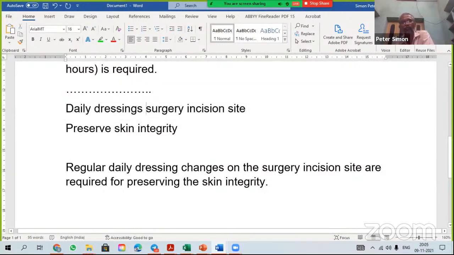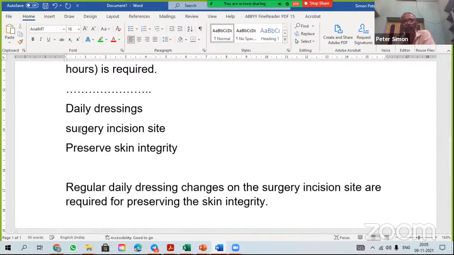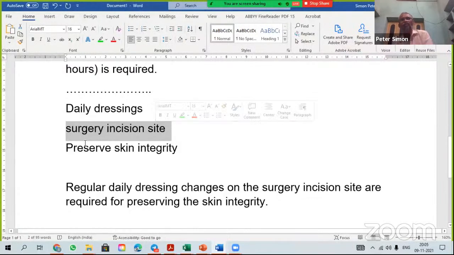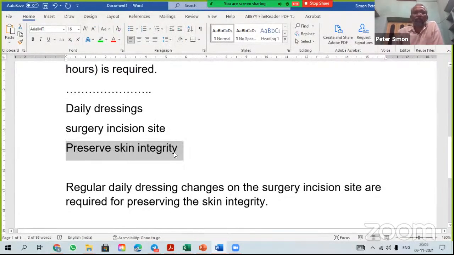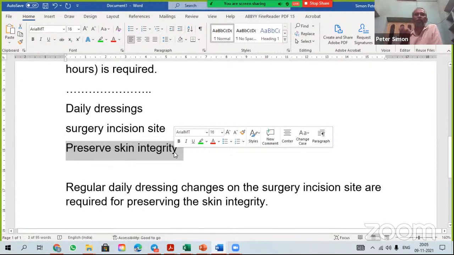These 3 points: regular daily dressing changes are required on the surgery incision site for preserving the skin integrity. This is how you make these 3 points together into a sentence. Create your own sentence.